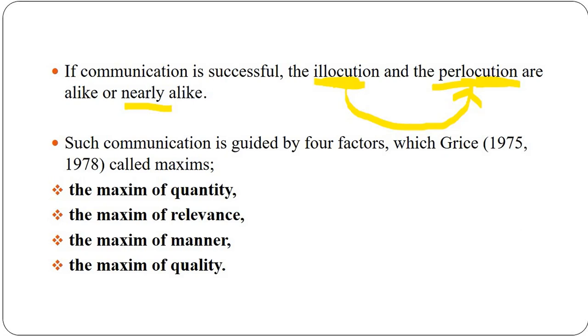And such communication is guided by 4 facts. I mean, successful communication is guided by 4 facts, which Grice called maxims. We are going to see what they mean. The maxim of quantity, the maxim of relevance, the maxim of manner, and the maxim of quality. Relevance is sometimes called relation, the maxim of relativeness.